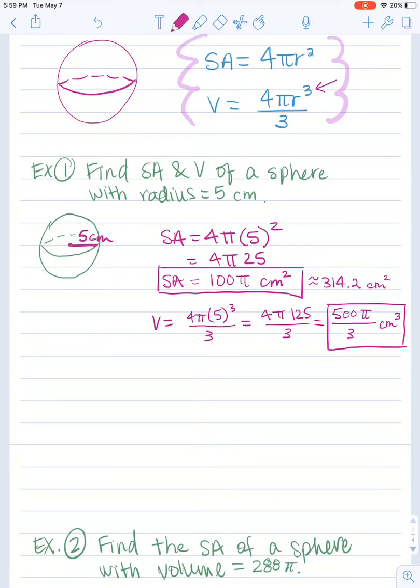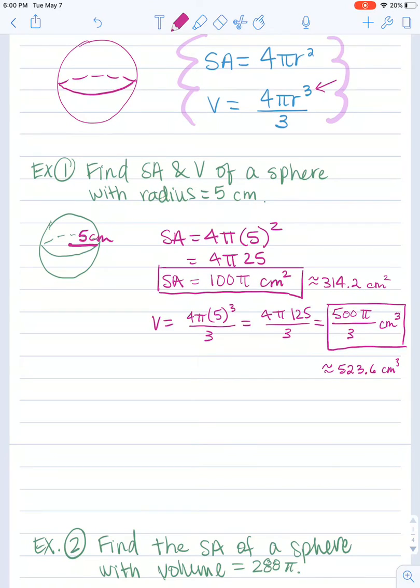However, if I wanted you to write this rounded to the nearest whatever, you would multiply 500 by pi and then divide that by 3, meaning you would type this exactly with pi in the calculator, which is 523.6 centimeters cubed.